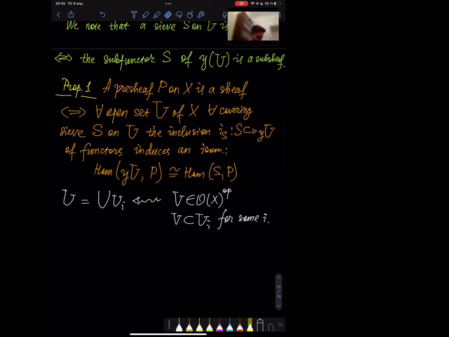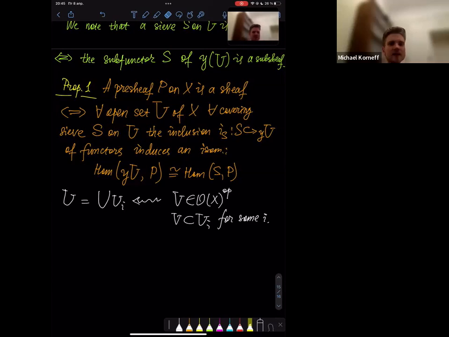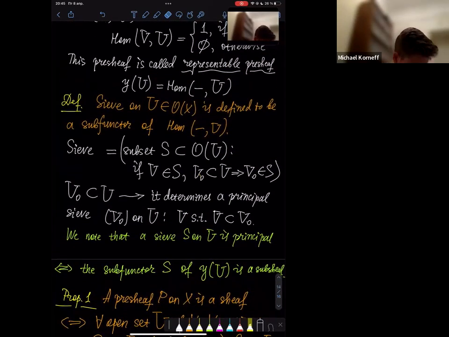Could you please show the definition of a sieve once more, please? The definition: we have an open set U, and we consider the following subfunctor of this functor.